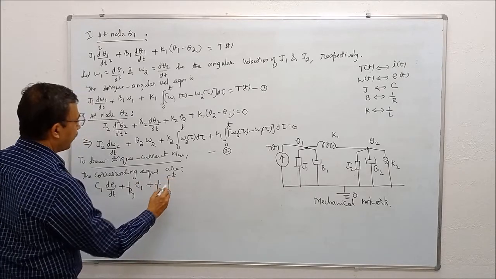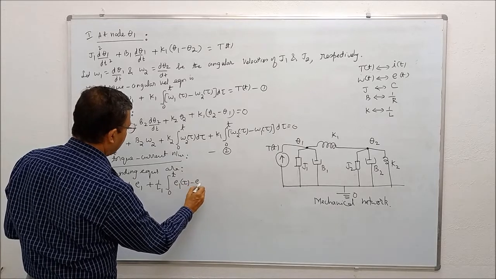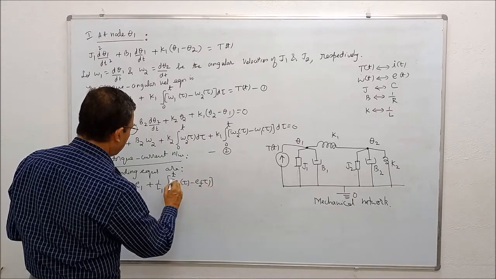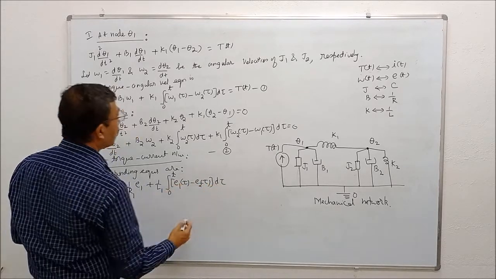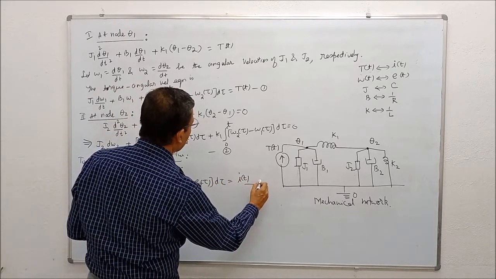So C1 dE1/dt + (1/R1) E1 + (1/L1) ∫0 to t (E1(τ) − E2(τ)) dτ = I(t). This is equation number 3.